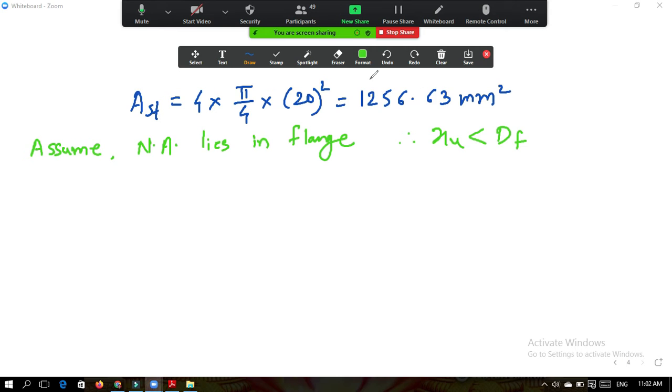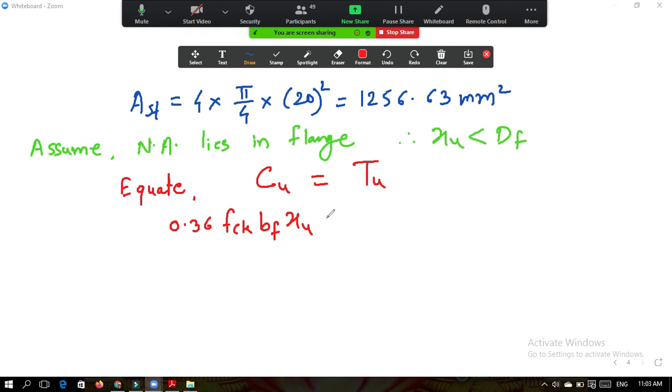Now we can equate total compression forces to total tensile forces. So if we equate this, then it is 0.36 fck bf into Xu, which must be equal to 0.87 fy Ast.